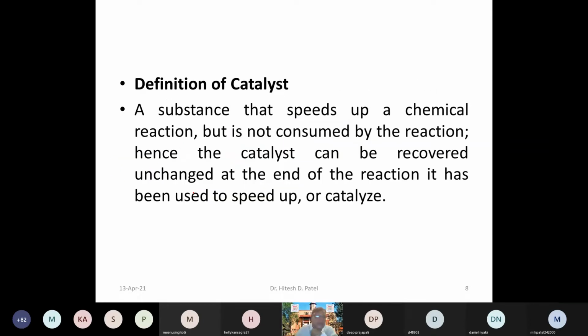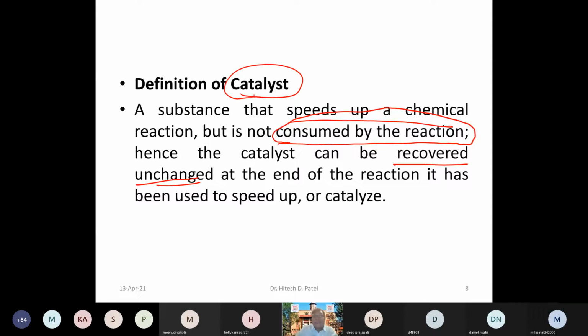Now catalyst, everybody is familiar with the term catalyst. A substance that speeds up the chemical reaction or initiates the reaction, but is not consumed by the reaction. This is most important. It is not consumed by the reaction, and after completion of the reaction it must be available in its original form, recovered unchanged. This type of compound or chemical is known as a catalyst.